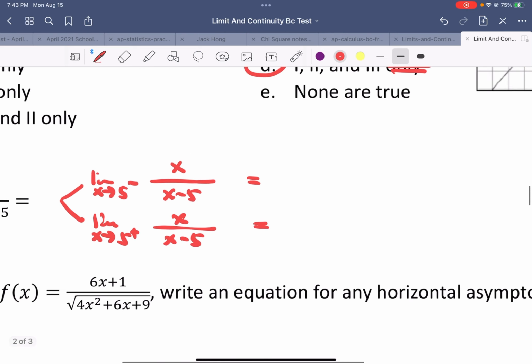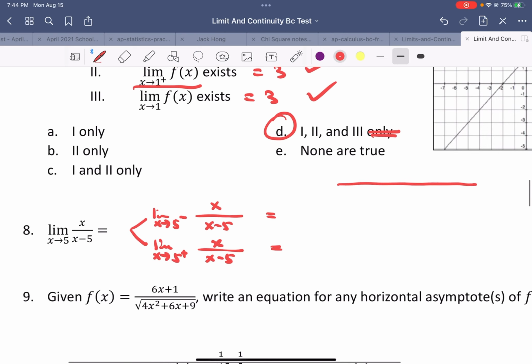So think about it, x equals 5. The first one is a one side limit. This minus means it approaches from the left hand side. So technically, x will be 4.9999 like that, close to 5 from the left hand side.